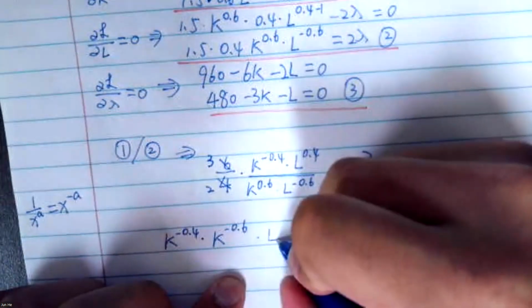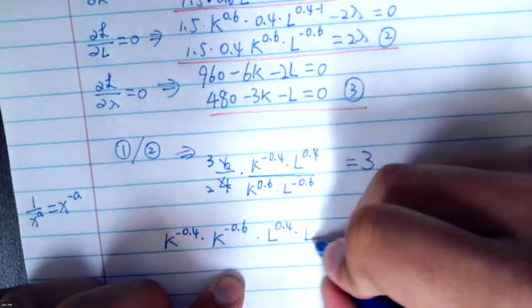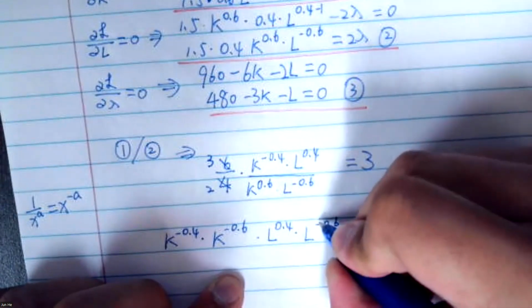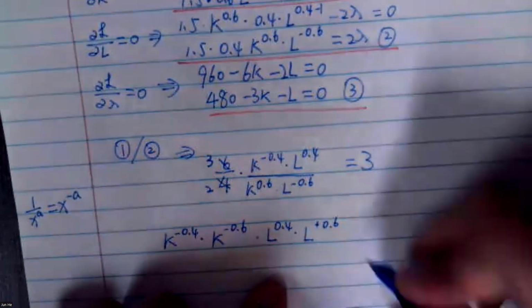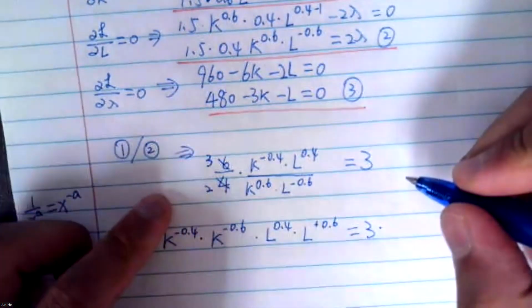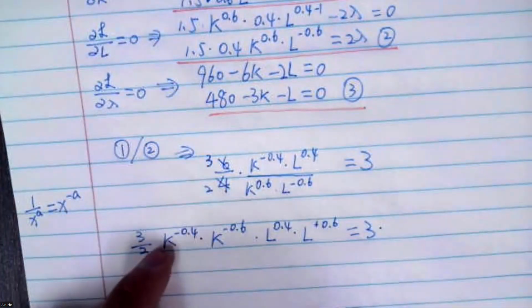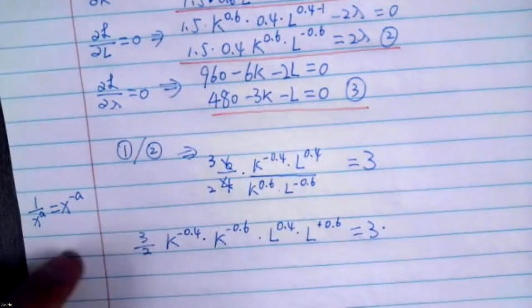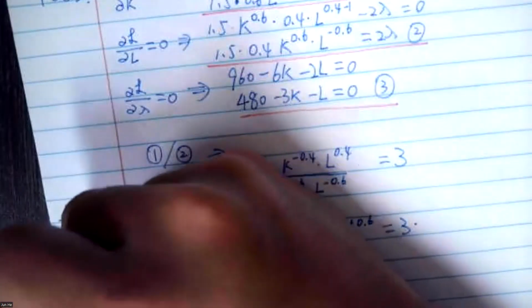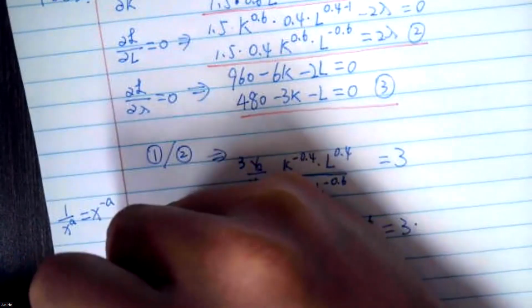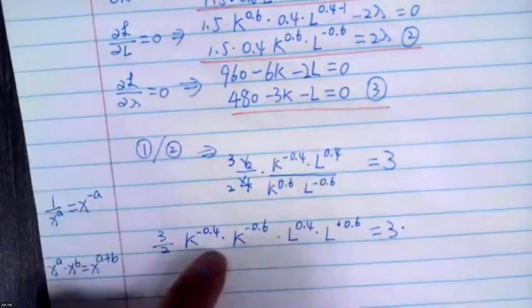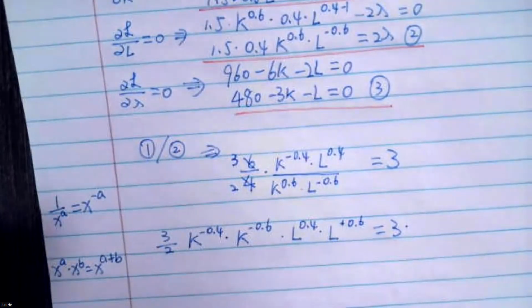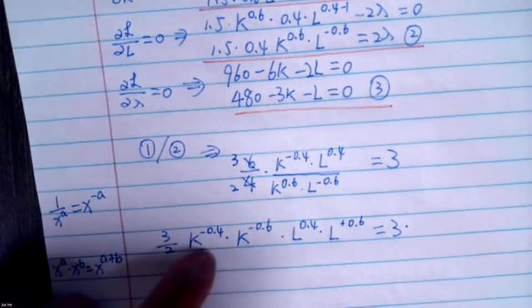Similarly, by L to the power of 0.4 by L to the power of minus 0.6, then negative changes into positive. That equals 3. Don't forget the coefficient 3/2, right? And here, x to the power of a multiplied by x to the power of b equals x to the power of a plus b. So here we can merge those exponentials with the same base.